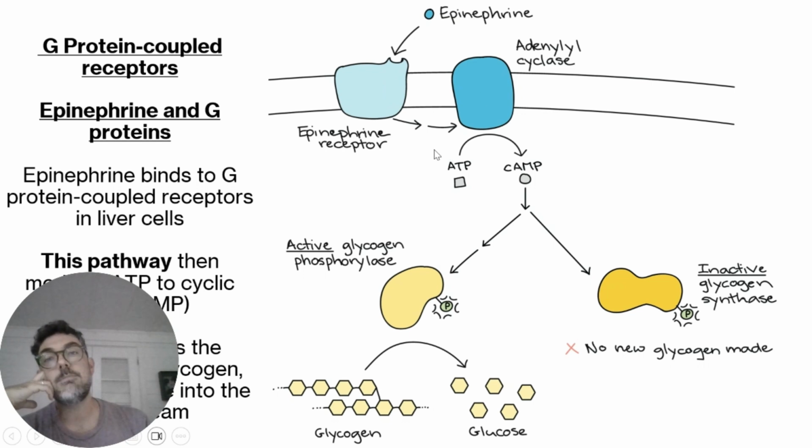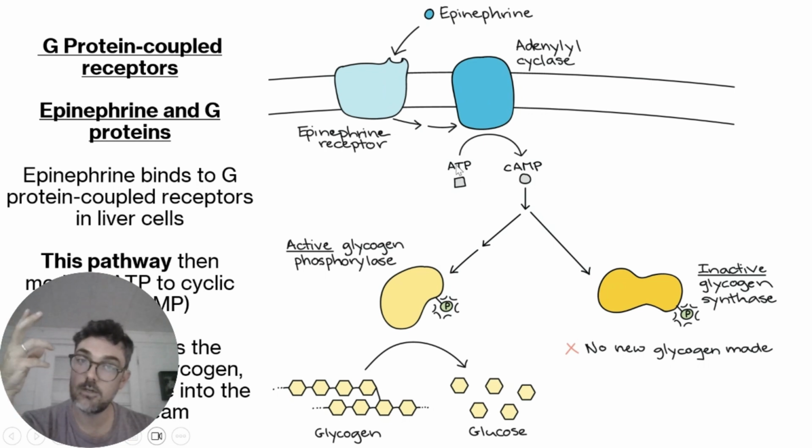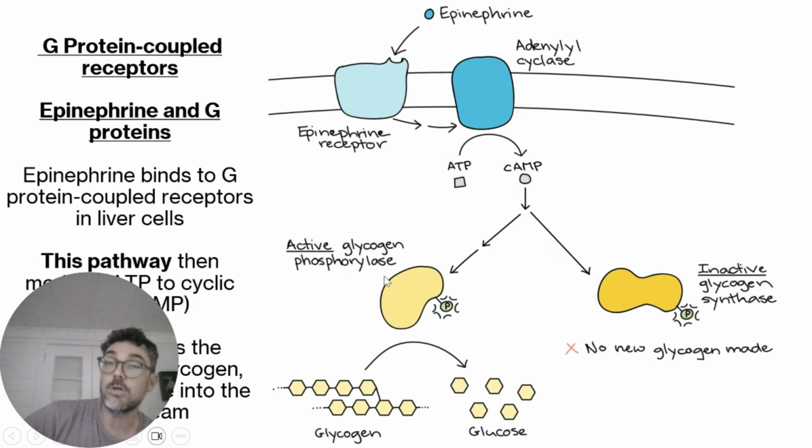The unique part here is that after our G protein does its business, it signals conversion of ATP, not used for energy here. ATP gets modified to cyclic AMP, which you can think of as sort of like a catalyst that interacts with an enzyme, activating it. And what does this enzyme do?